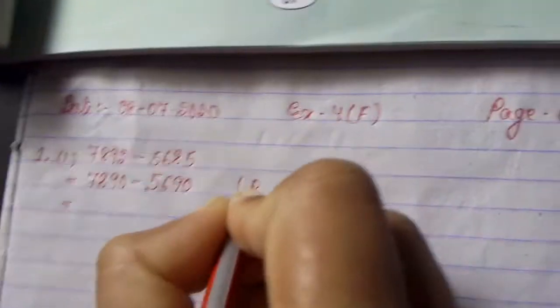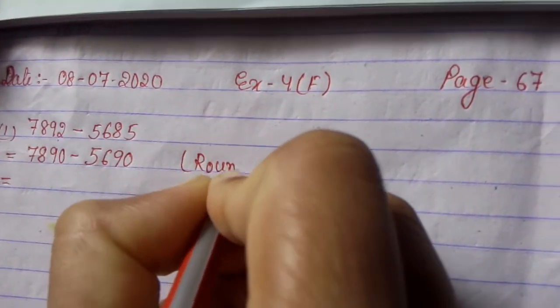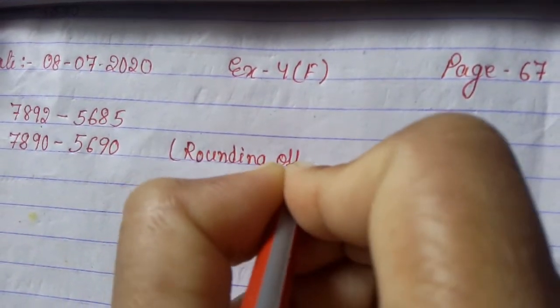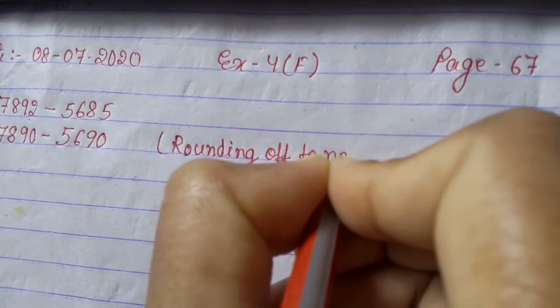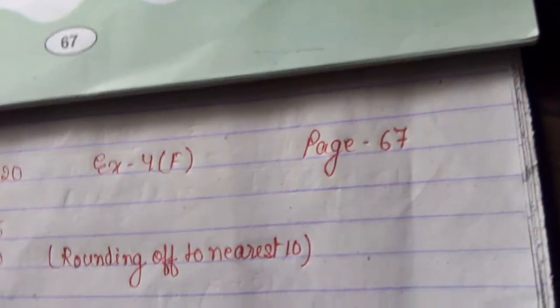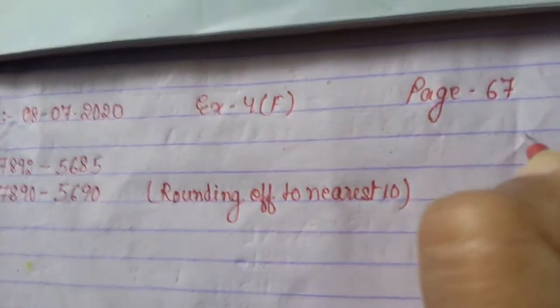Here you will write rounding off to nearest 10. Now we can use the right side of your page for doing rough work.